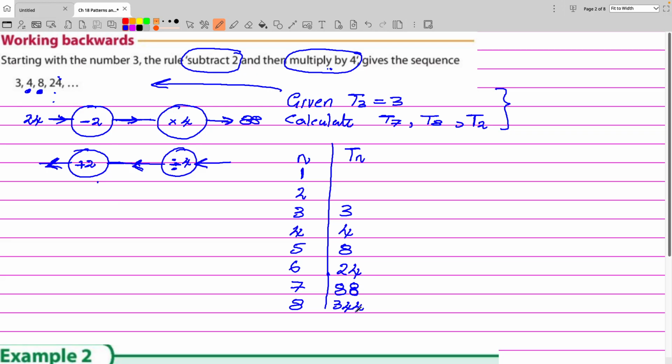If I minus 2 from 24, what do I get? 22. And then I times that answer by 4. I'm hoping I haven't made a silly mistake, the answer should be 88. Now, for higher level, questions sometimes get more complicated.